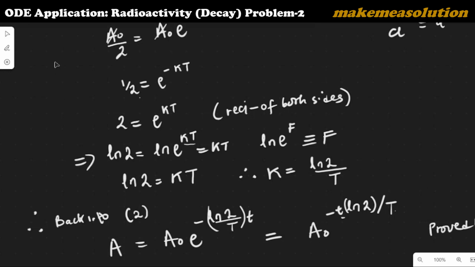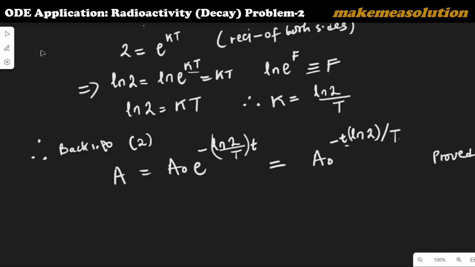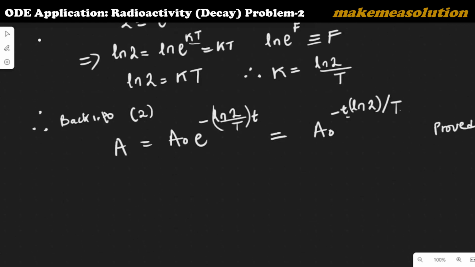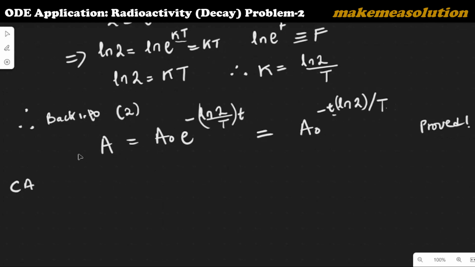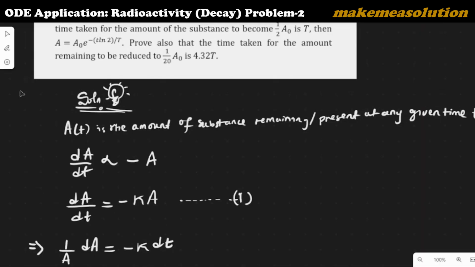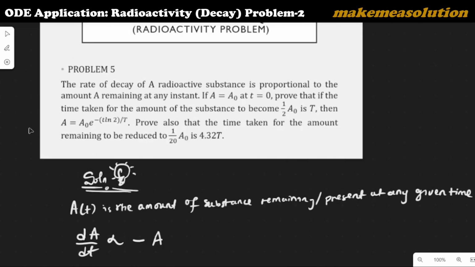So let's see what the second case asked us to do. Case 2 says, prove also that the time taken for the amount to remain to be reduced to 1 over 20 a naught is 4.32 t.